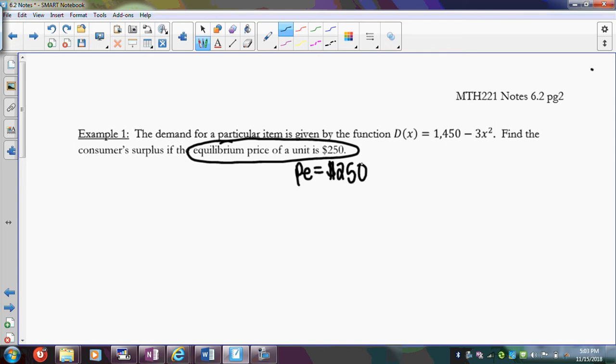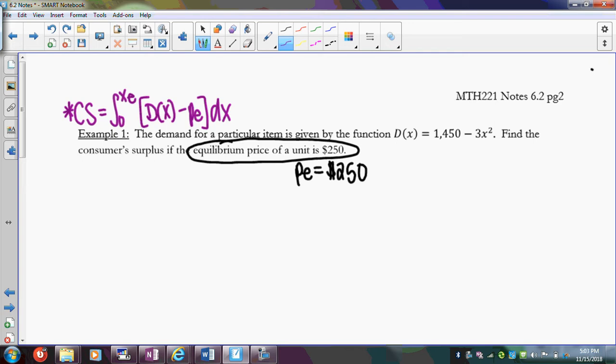Now, if you think about the consumer surplus formula from the previous page, CS, consumer surplus, is equal to the integral from 0 to x sub e of d of x minus p sub e. Again, I'm just taking this formula right from the previous page.